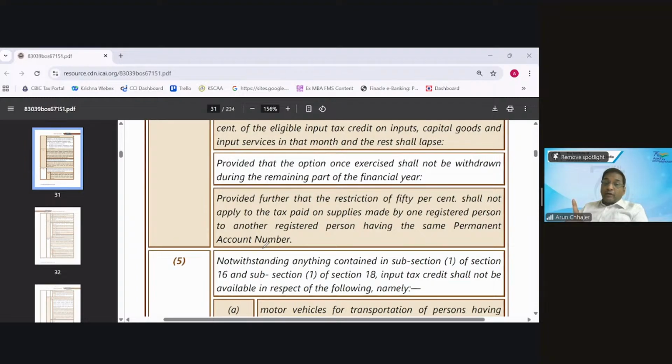Why so? Because it starts with notwithstanding anything contained in subsection 1 of section 16 and subsection 1 of section 18. Whether it is permissible according to 16.1, that is business purpose, and 18.1, which we will discuss later on, ITC shall not be available in respect of the following.